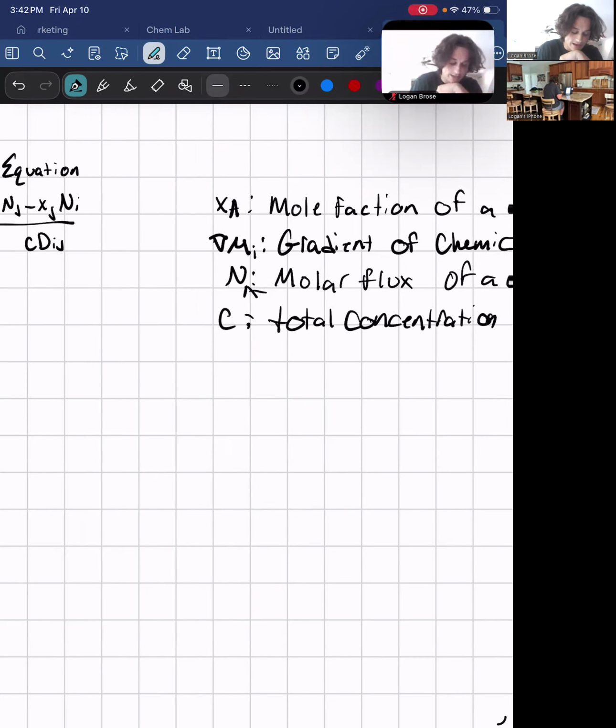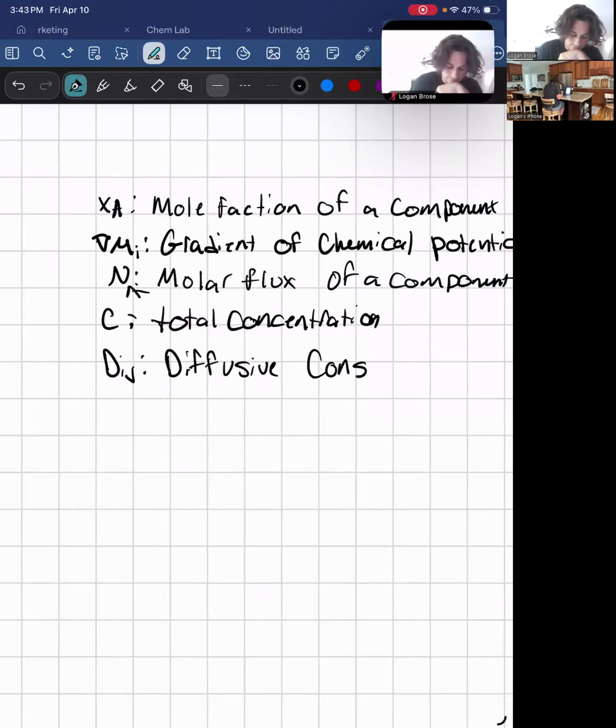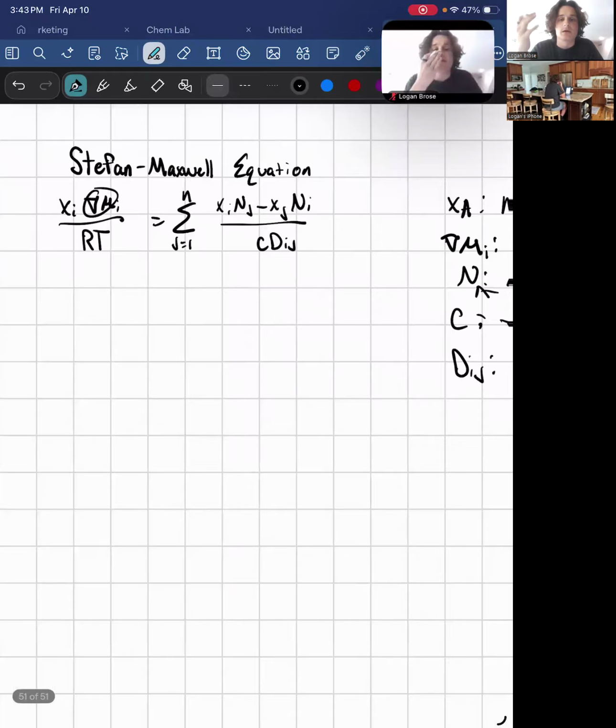And then last we have our Dij. That is our diffusive constant. And this is the main form of Stefan Maxwell equation, which is so important for chemical engineering, right? Because it allows us to relate those multi-component systems.